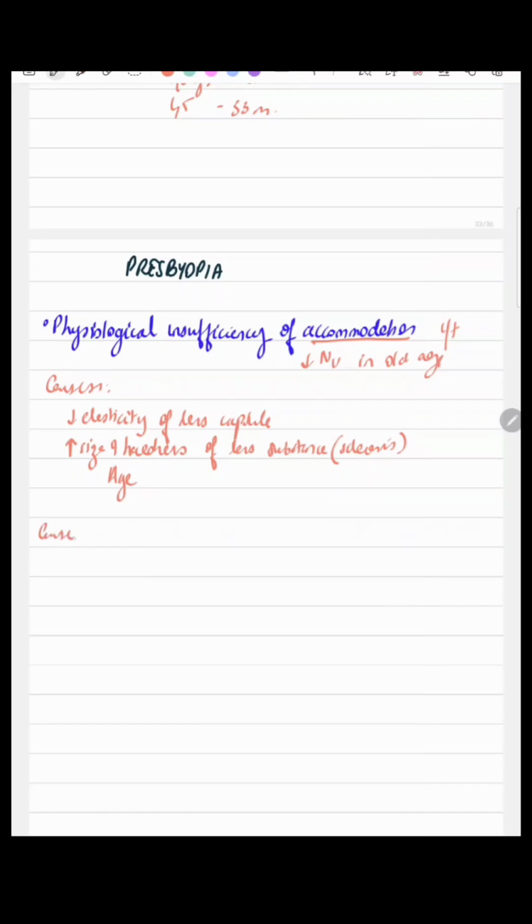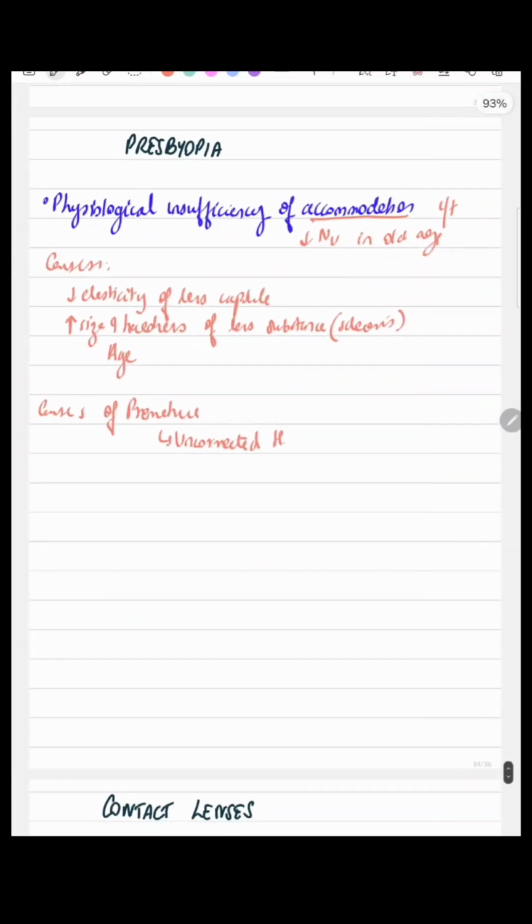Causes of premature presbyopia include uncorrected hypermetropia, premature sclerosis of the crystalline lens, and general debility causing presenile weakness of the ciliary muscle.